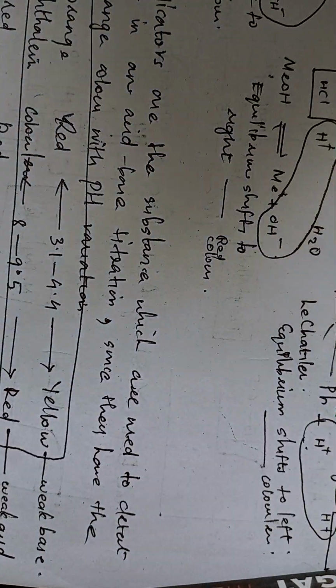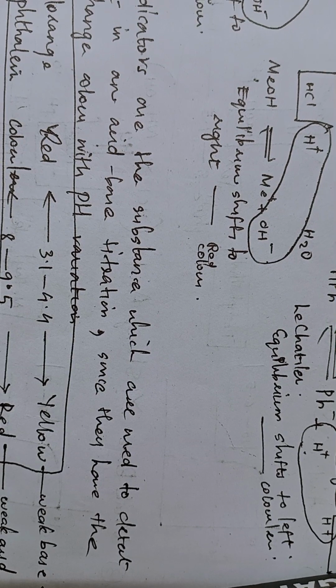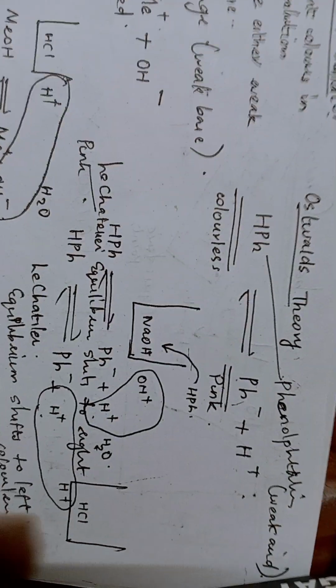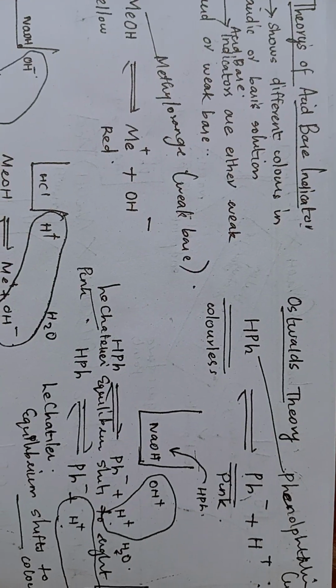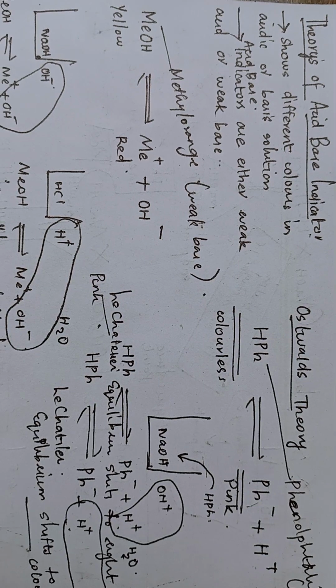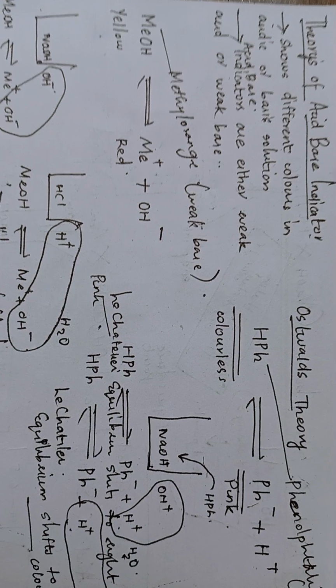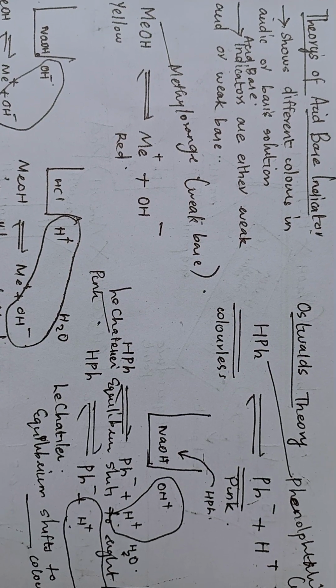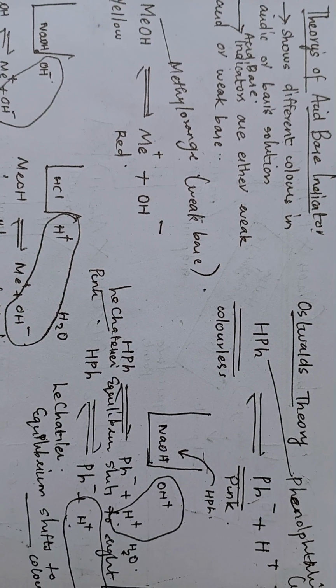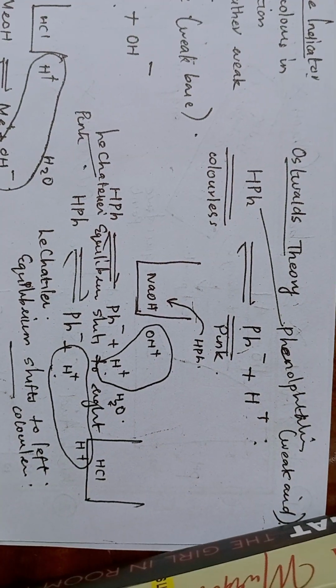Now if we look at the theory of acid base indicators, they show different colors in acidic and basic solution. Acid base indicators are either weak acids or weak bases. In the text we have two examples, phenolphthalein and methyl orange.